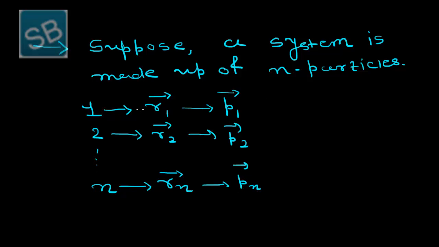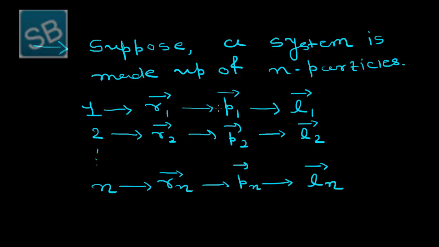With the help of this position vector and linear momentum, I can find the angular momentum for the individual particles. So the angular momentum of the first particle is L1, for the second particle is L2, and for the nth particle that is Ln vector.